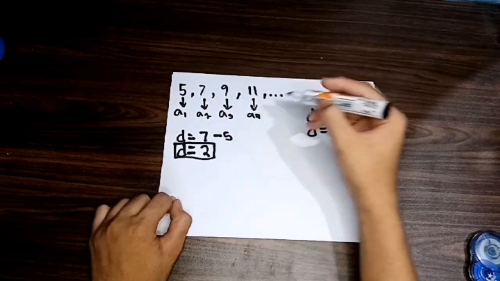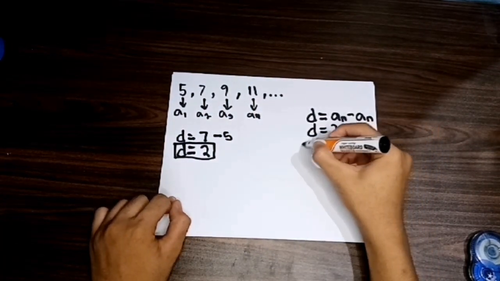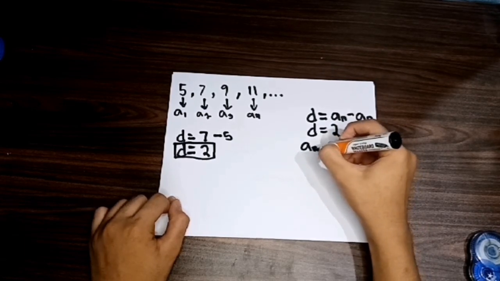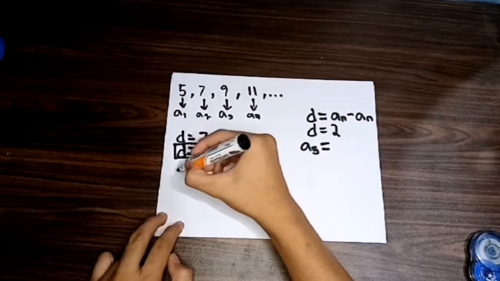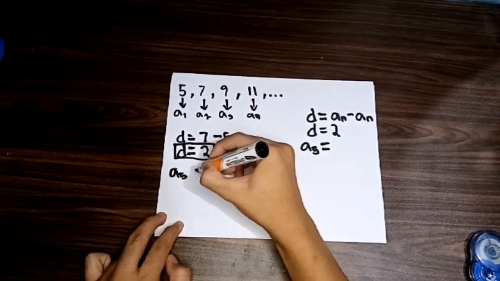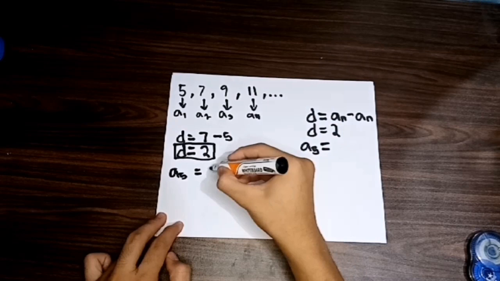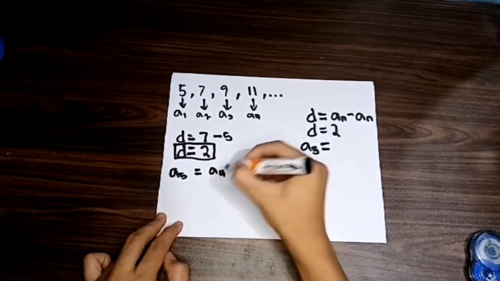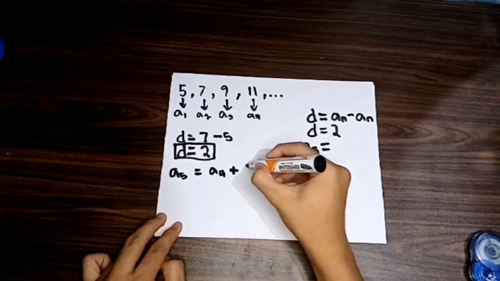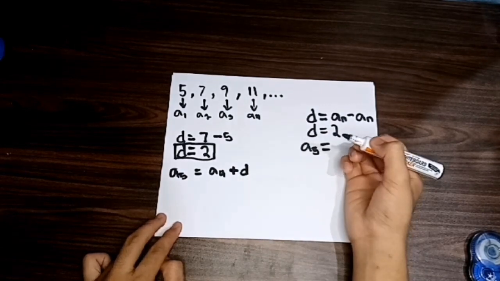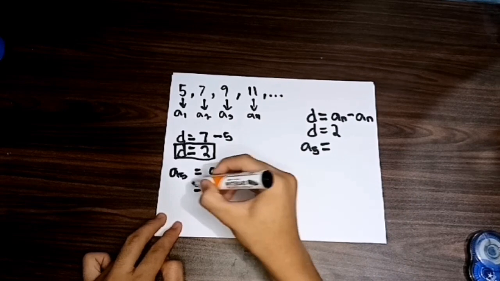With this common difference, you can now identify the next term of the sequence, or any term of a sequence. For example, to identify a sub 5, just add a sub 4 to the common difference to obtain the next term.